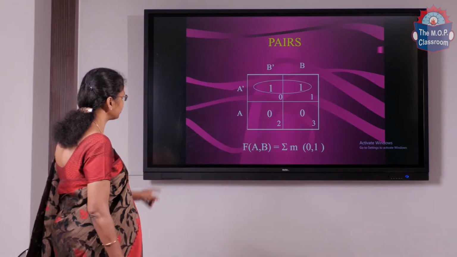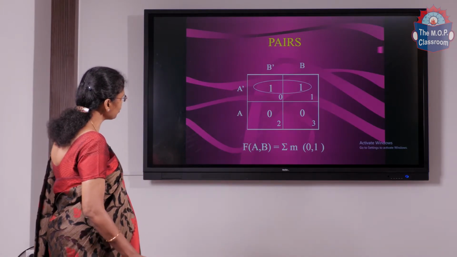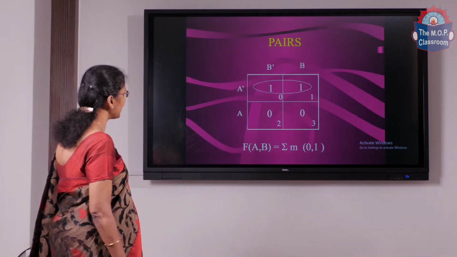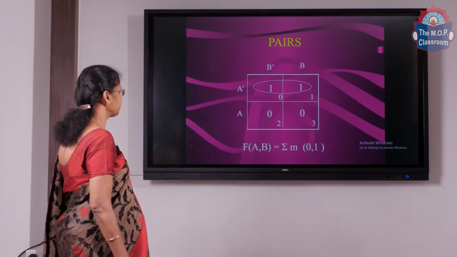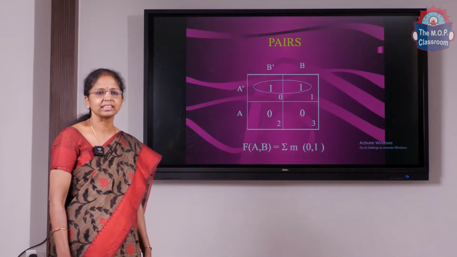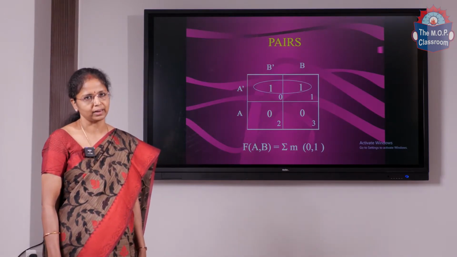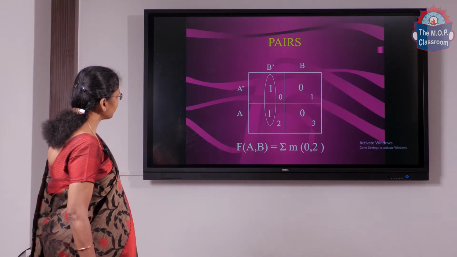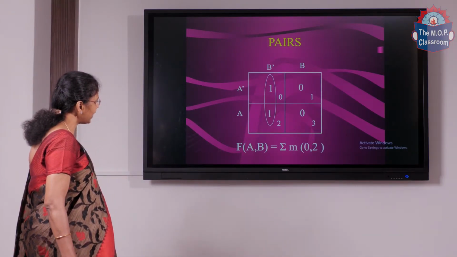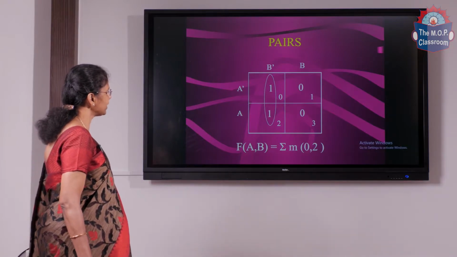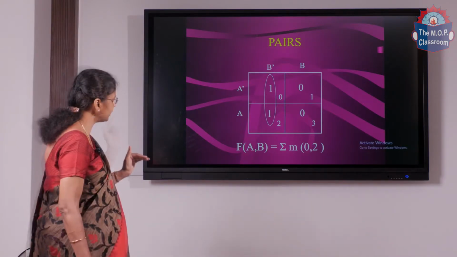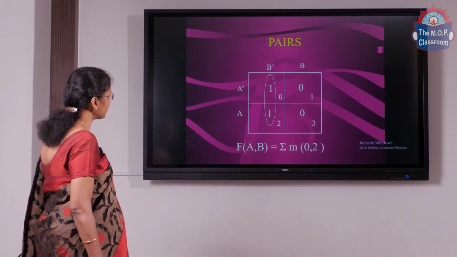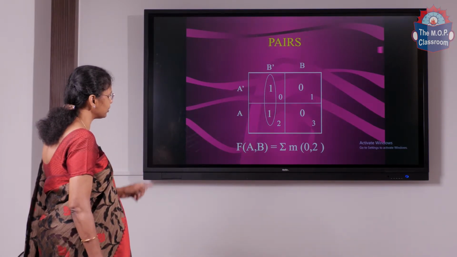Now, we have 2 ones in row 1, adjacent to each other, so these 2 ones can be grouped as a pair. Similarly, in this 2 variable K-map, I have 2 ones which are adjacent to each other in the first column.